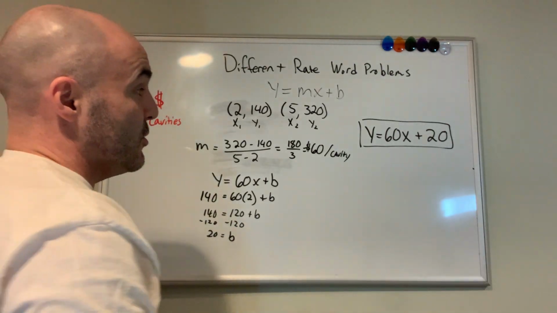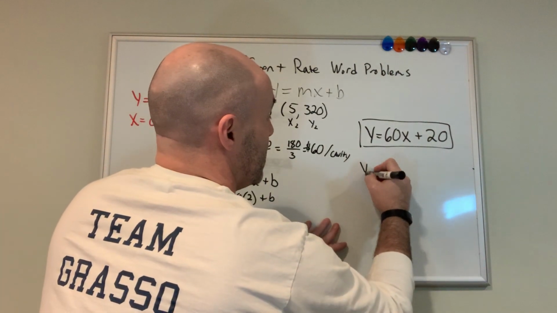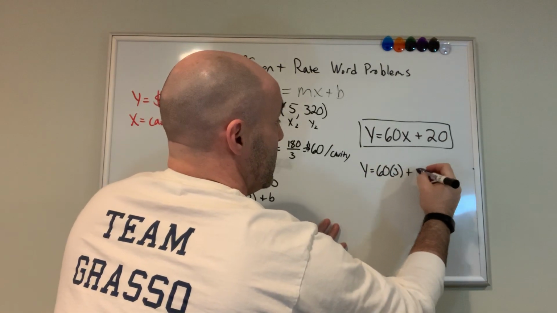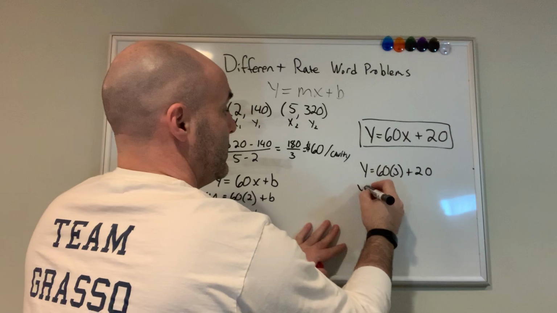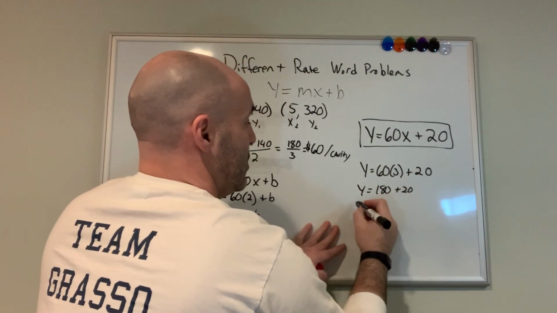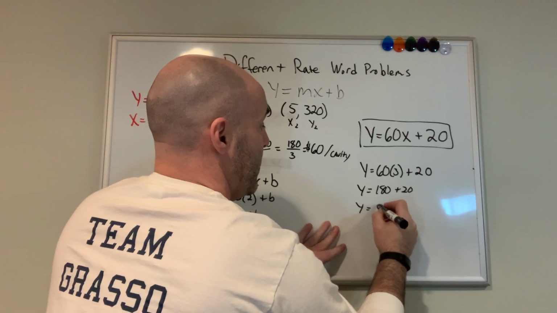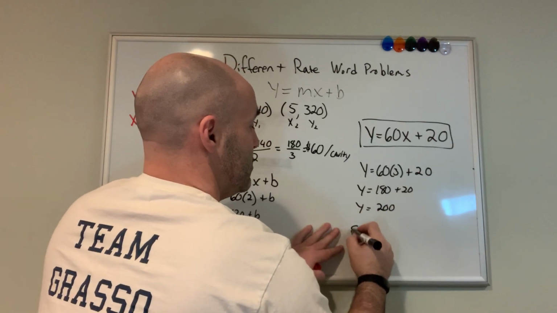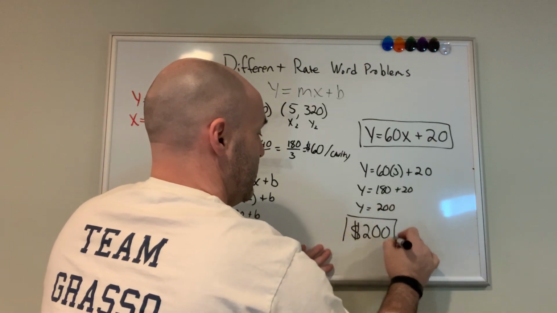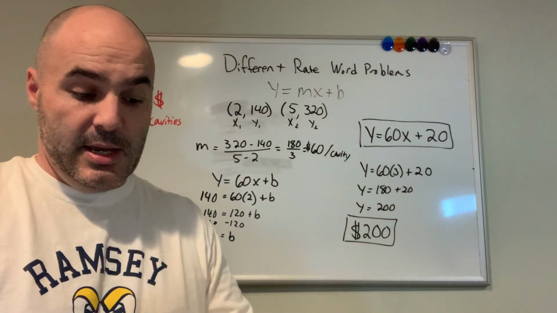So 3 is going to be our input. So $60 per cavity times 3 is $180 for the 3 cavities, plus $20 for the copay, and that's going to be $200. So he's charging $200 for someone to get 3 cavities.